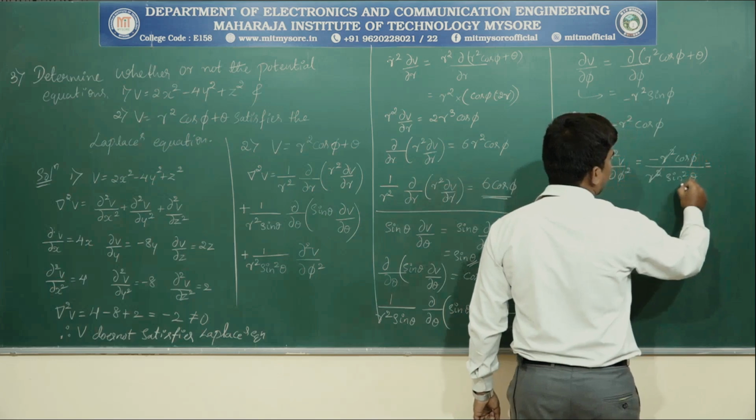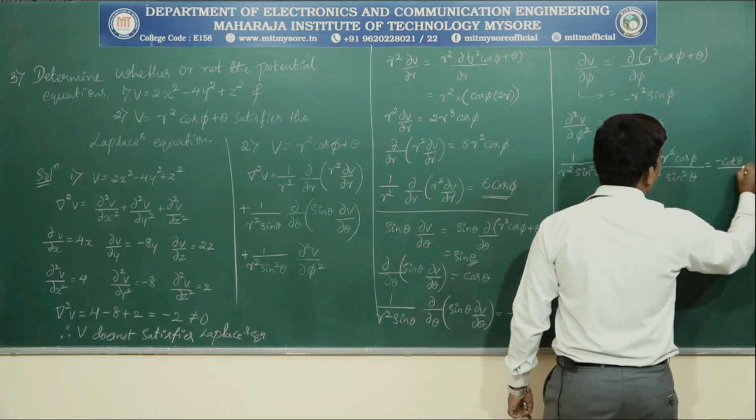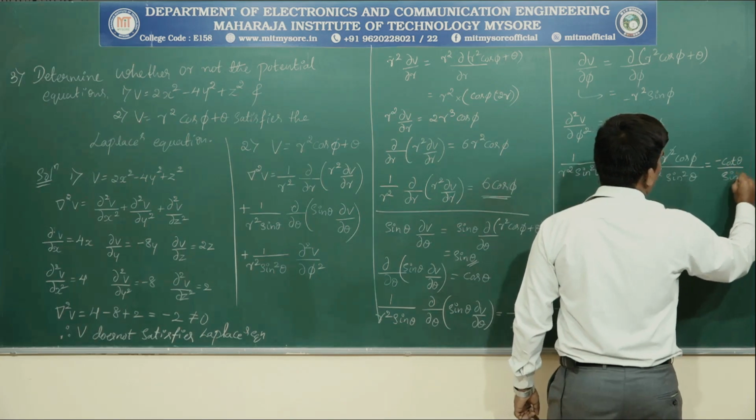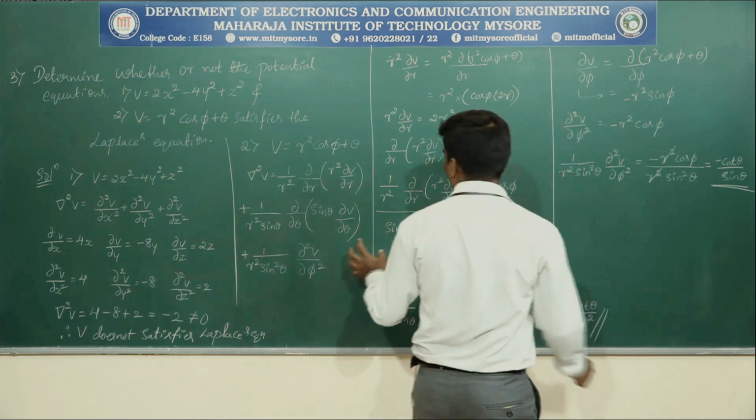This can be written as minus cot θ divided by sin θ. This is the resultant of the third quantity.